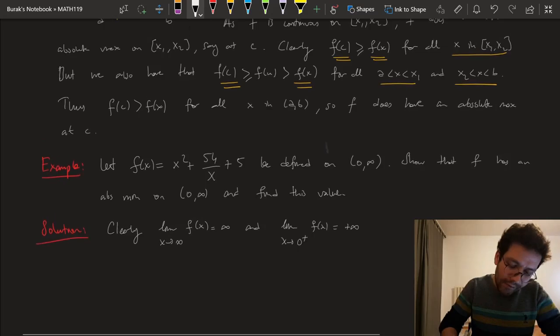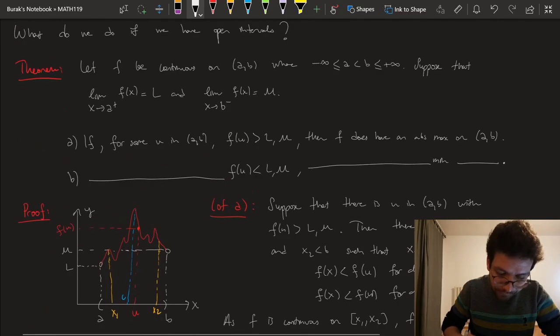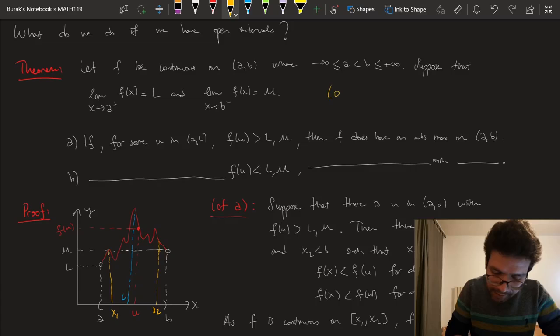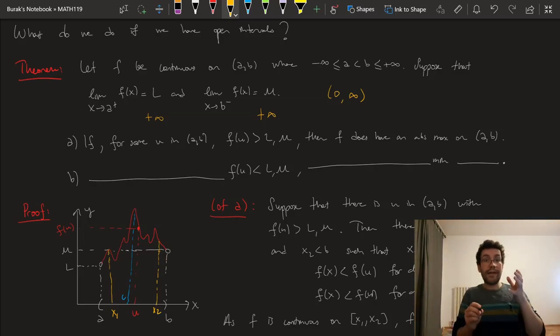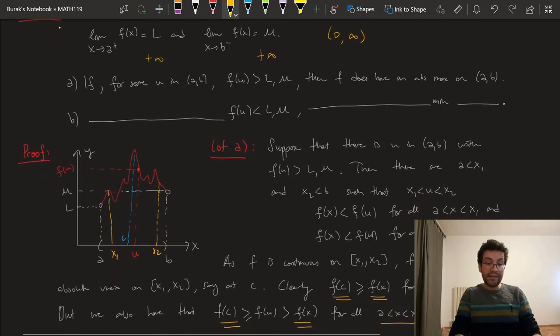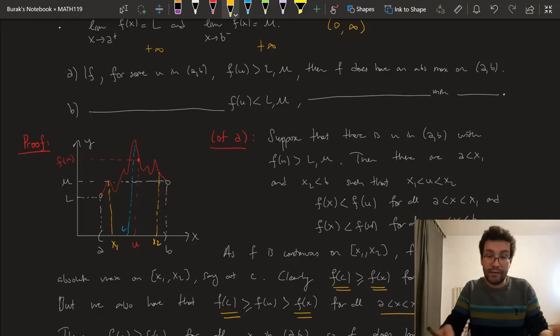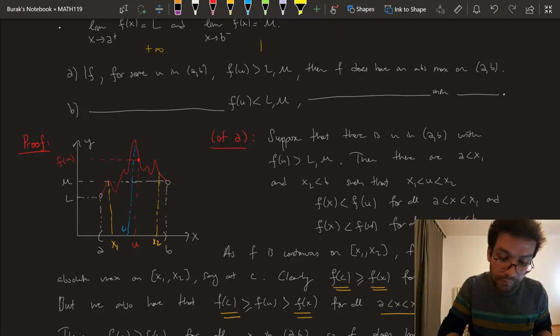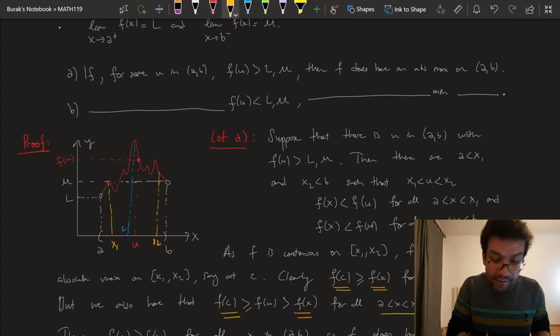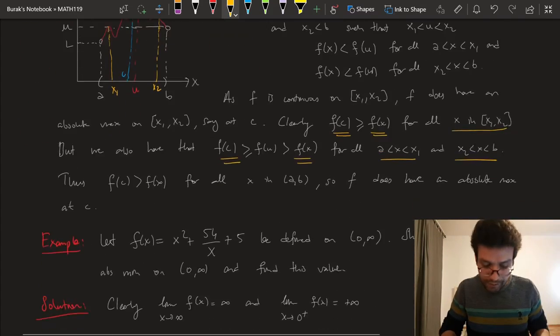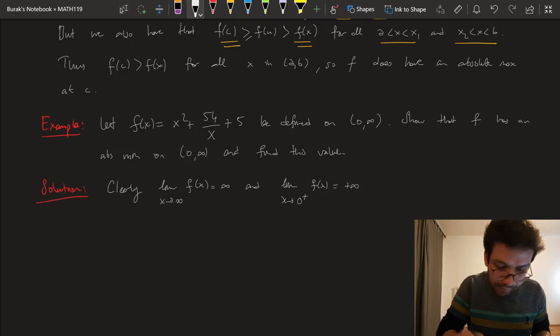So if you go back to the setting, in that question my a is 0, my b is infinity, and these limits both turned out to be infinity, which means that this condition will be automatically satisfied because f of u will be less than infinity for any u. And then this theorem will guarantee that there's an absolute minimum.